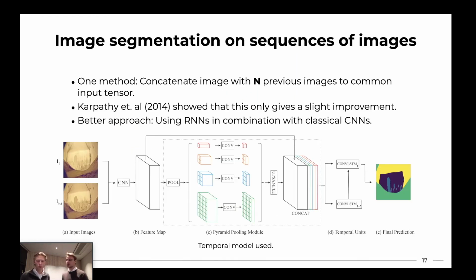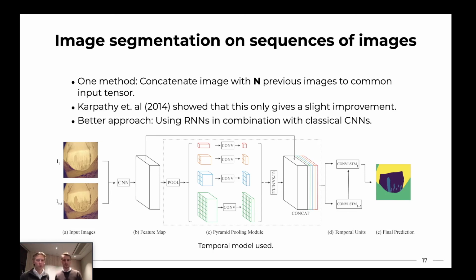We looked into some methods to actually segment sequences of images, and one method would be to concatenate the image with the n previous images into a common input tensor and process these with an ordinary CNN. But we also found some research pointing towards a combination of the two, using an RNN in combination with a classical CNN, and this is what we went for in the end.